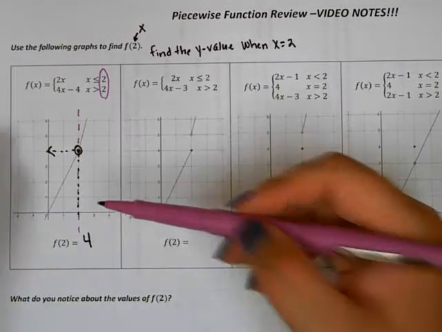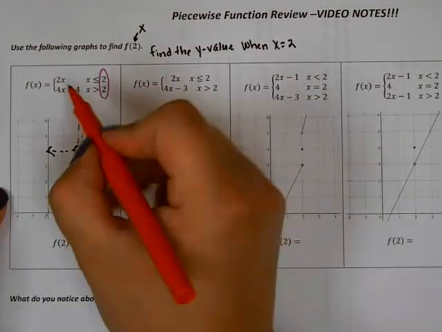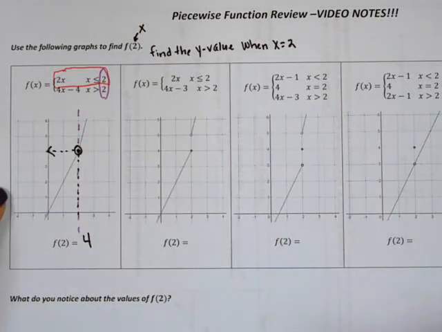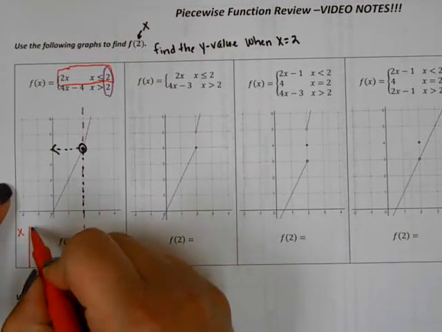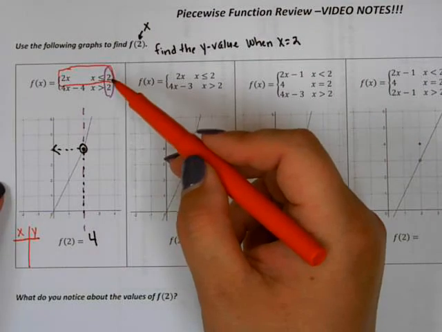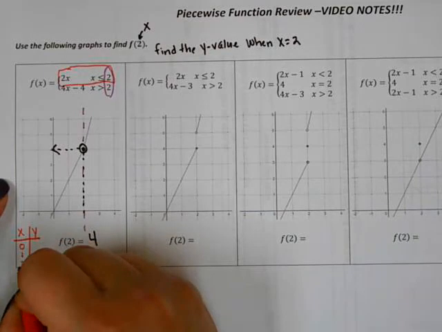All right. Then I'm going to do this piece first. I know that that's a line, right? 2x is a line. So I'm going to make an xy table. I know that I need x values that are less than or equal to 2, so I'm going to go ahead and do maybe 0, 1, and 2.